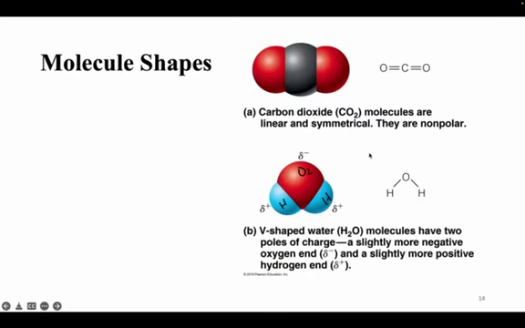For example, suppose carbon dioxide. In carbon dioxide, carbon and oxygen are similar elements. They simply share the electron and form a non-polar covalent bond, so there is no pole. It's a simple linear molecule, like you see here. But in the case of water, that's not the case.